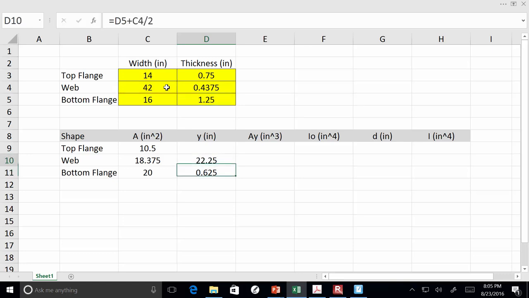And then for this, equals that plus the depth plus that divided by 2. Sound good? All right. Sum of AY over the sum of A. Remember, that's a centroid, right? So if this is A and this is Y, that times that, right? Sound good?